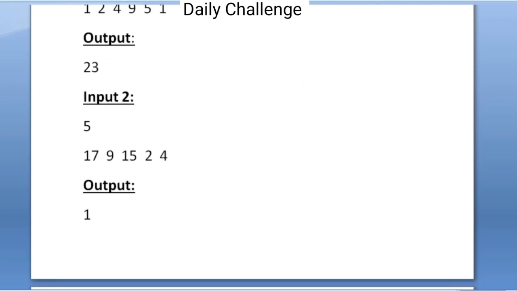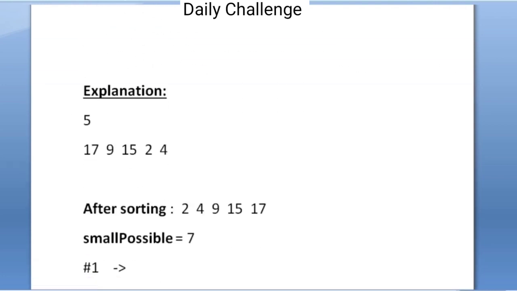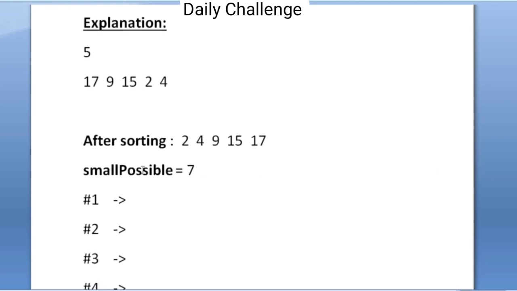Let us take sample input 2. So this is the input array, and after sorting, the array would look like this. Now we are going to loop through the array. At the first index, the value of the array is 2, and initially the smallest possible is set as 1.